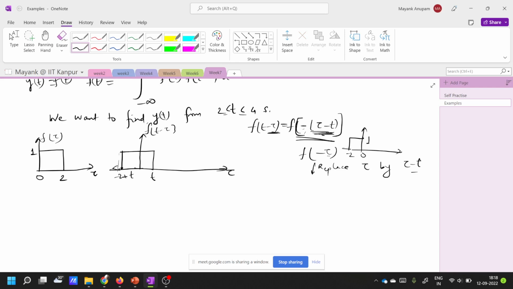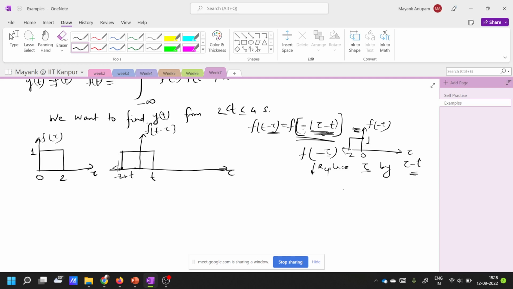This is f of minus tau. Now you have to replace tau by tau minus t. Replacing tau by tau minus t, what does it mean? You have to shift the whole graph to the right, isn't it? Correct.